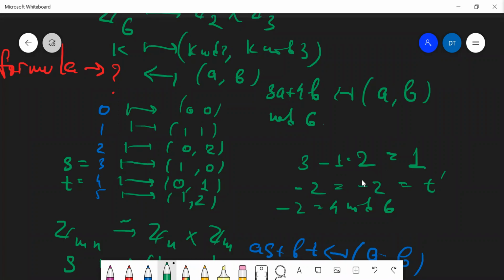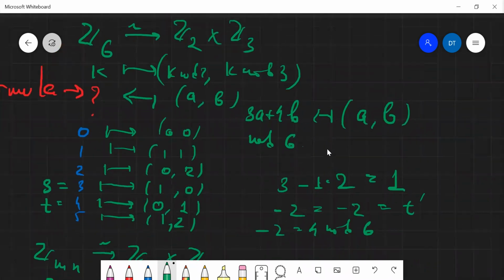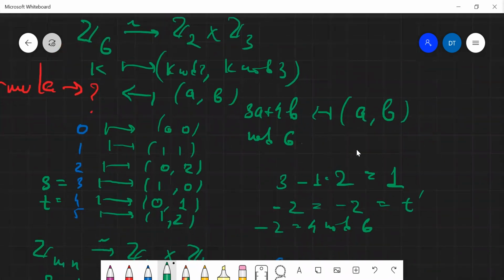You may just replace this negative integer by a positive integer modulo 6, or you may use this minus 2 here in this formula, because at the end you will do this modulo 6 operation, so the result will be correctly defined remainder modulo 6. You may use 4 or minus 2, the result will be exactly the same. Okay, so this is how to find the inverse map.